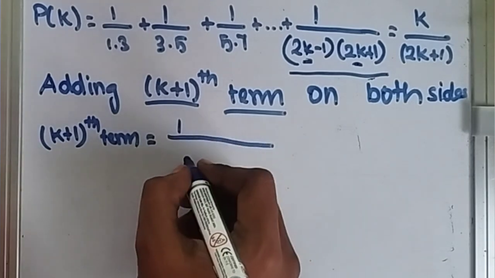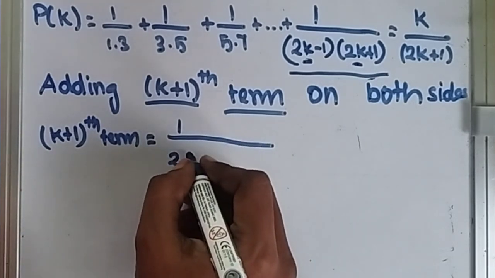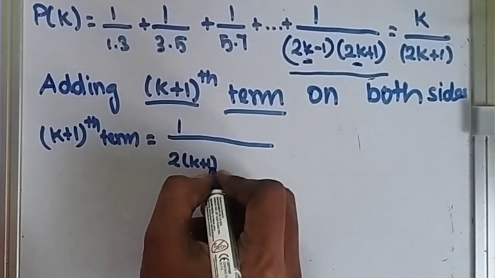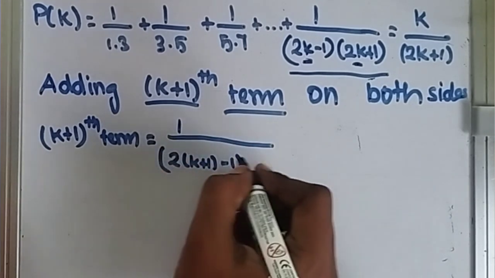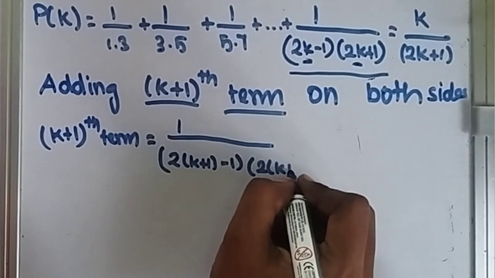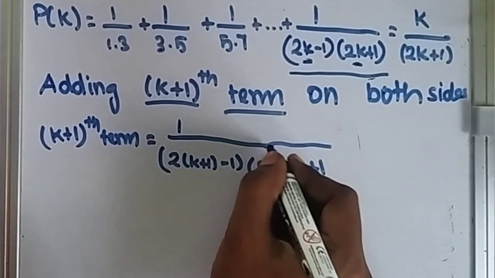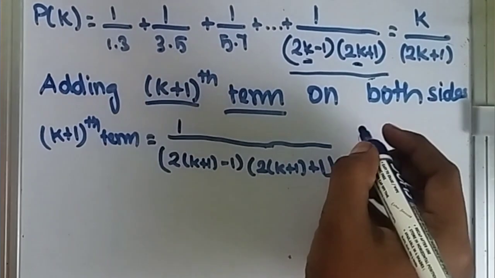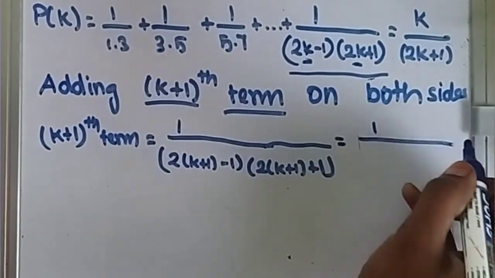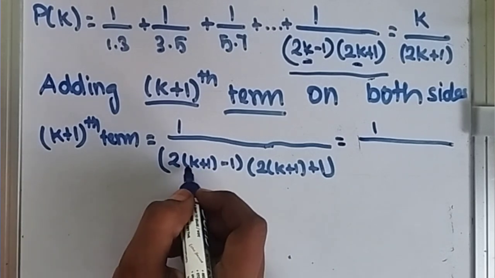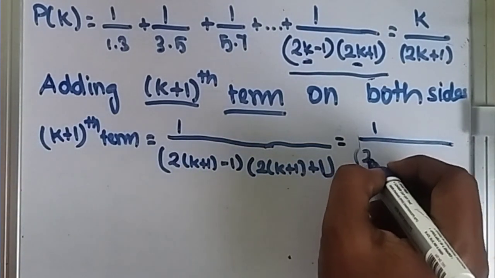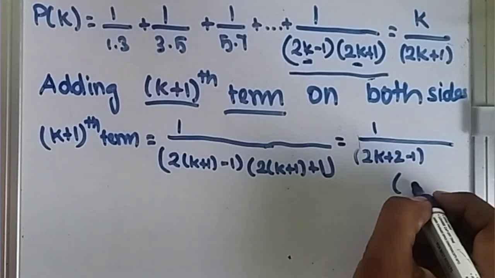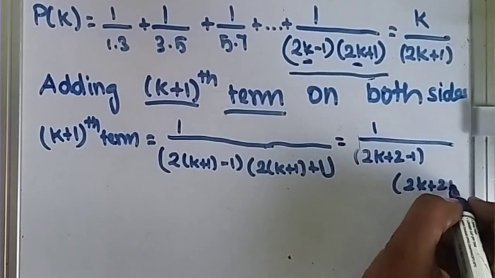So it's 1 divided by 2 times k plus 1 minus 1, multiplied by 2 times k plus 1 plus 1. So this is the k plus 1th term. Clear? Okay. Shall we simplify this? Yes. I am going to take this 2 inside the k plus 1, so it becomes 2k plus 2 minus 1 multiplied by 2k plus 2 plus 1.